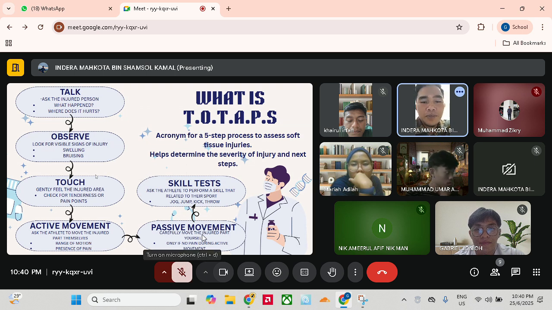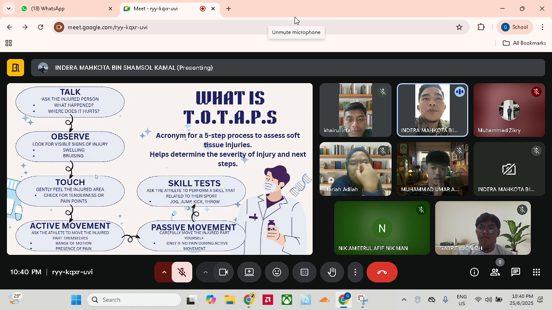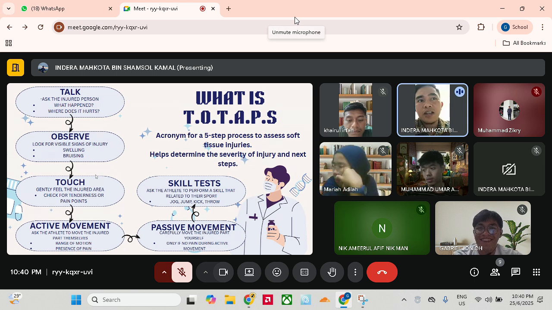What is T.O.T.A.P.S? T.O.T.A.P.S is the acronym for a five-step process to assess soft tissue injuries. What is the function of T.O.T.A.P.S? It helps determine the severity of injury and the next steps.